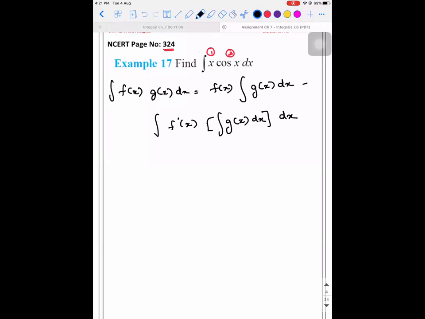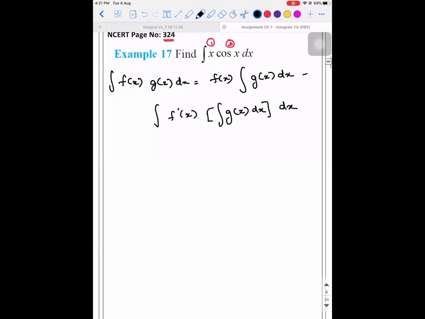So what am I supposed to do here? The first function f of x is x. x into the integral of cos x dx, minus the integral of the derivative f dash of x, which is 1, into the integral of cos x dx, this whole thing with respect to dx.